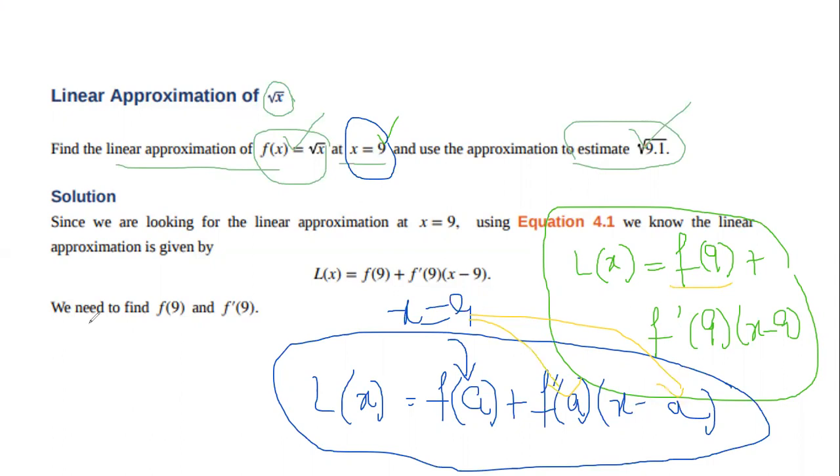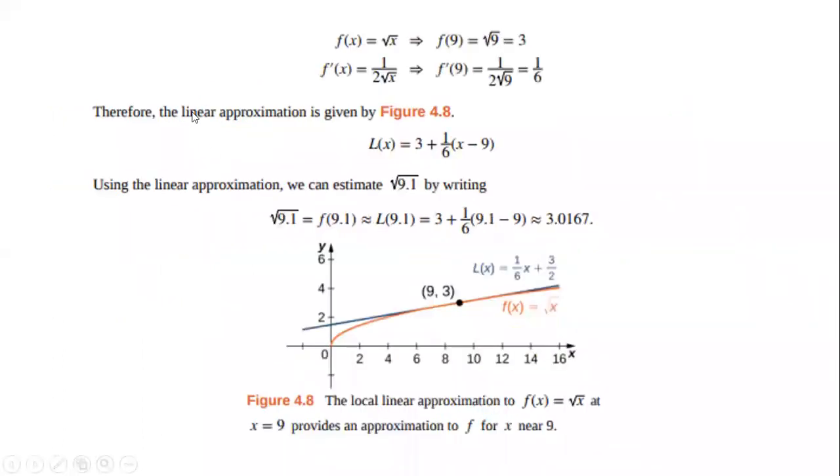Now, first I have to find the value of f at 9, then f derivative of 9, and then x minus 9. So there are three unknowns.